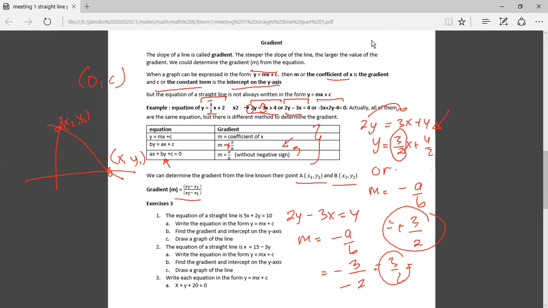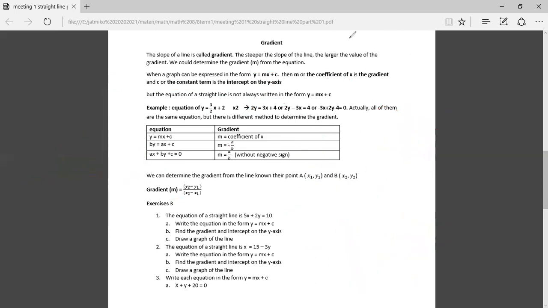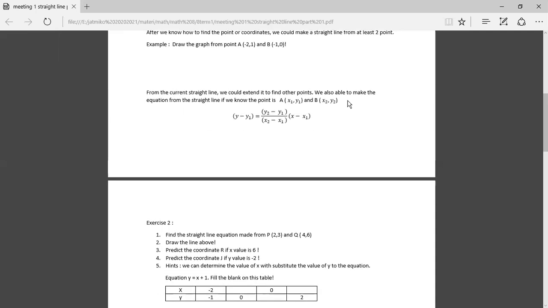Actually, that is similar to this part. When we use this one, we have this one as well. This is equal to m.